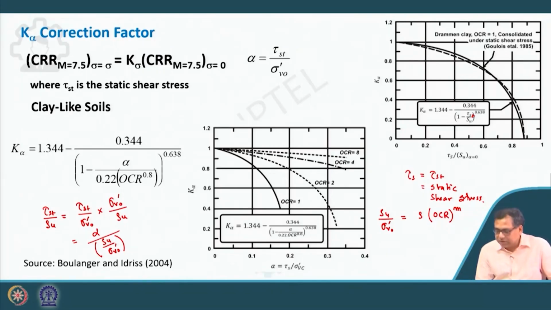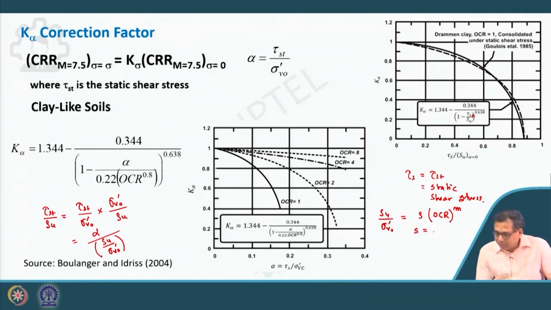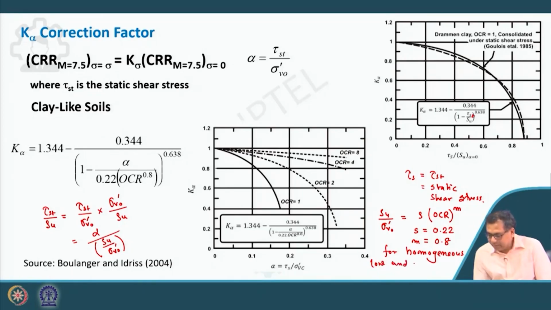So S is the normalized undrained strength ratio for normally consolidated soil. Now the S value is equal to 0.22 and the m value is equal to 0.8 for homogeneous low and high plasticity clay.